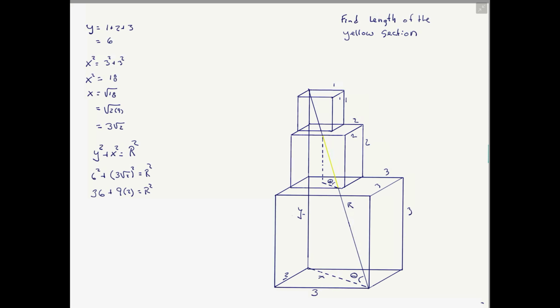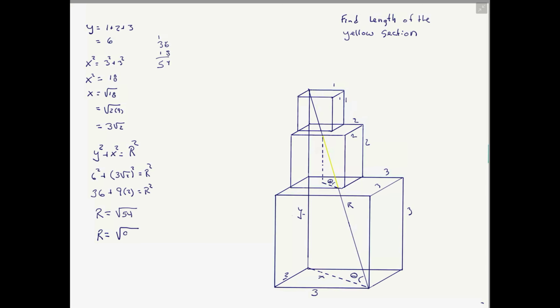We have the basic Pythagorean theorem, y squared plus x squared equals r squared. So we have 6 squared plus (3 square root of 2) squared equals r squared.